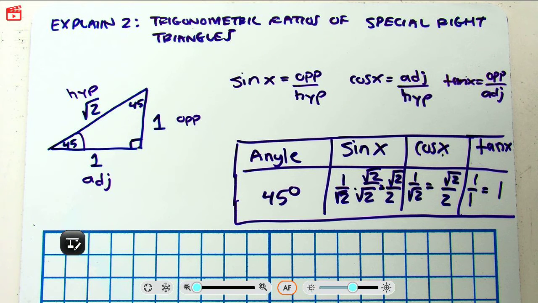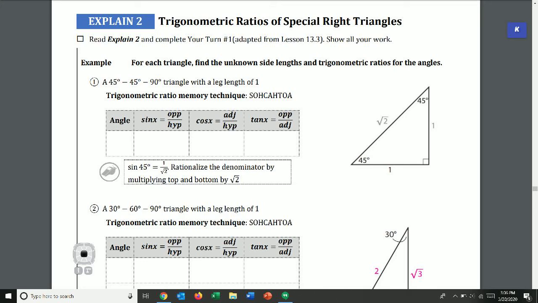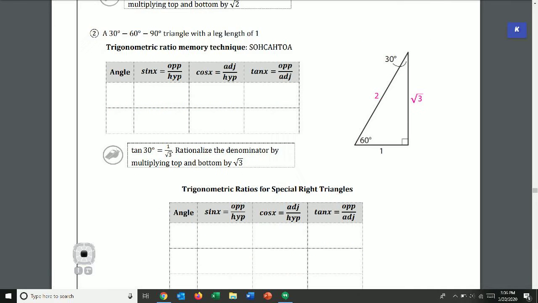So let's try this with a 30-60-90 right triangle. With a 30-60-90 right triangle, we actually have two angles that we need to consider. We have a 60-degree angle, and then we have a 30-degree angle.